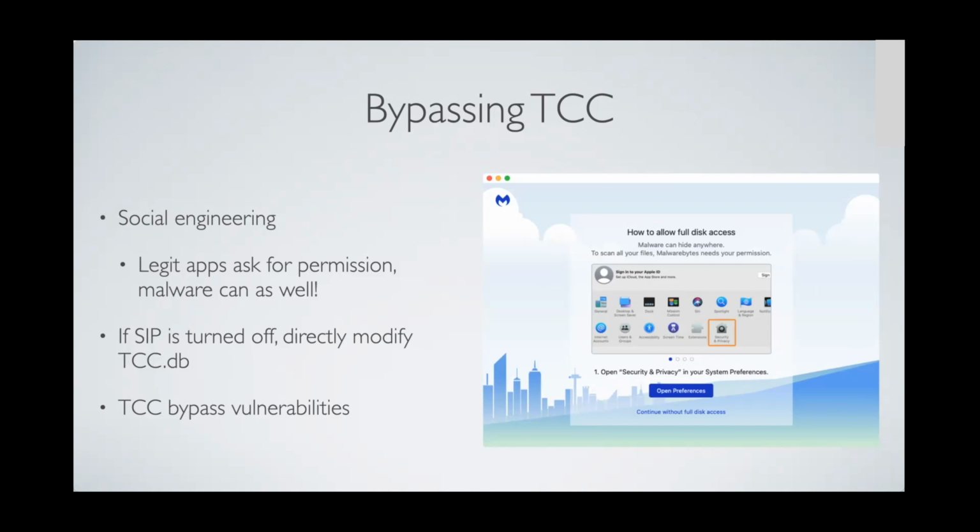And I know a few guys who it seems like every couple of months they're presenting some new TCC vulnerabilities at a conference somewhere. So these things are not rare. The good news is Apple keeps on fixing them as they get found, but there seem like there are always more.